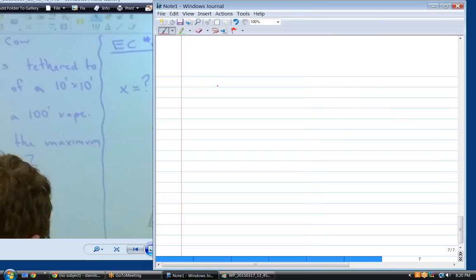The other one is there's a cow tethered to a corner of a 10 by 10 foot barn. Okay. And a 100-foot rope. The cow is tethered to the barn at the corner? Yeah.